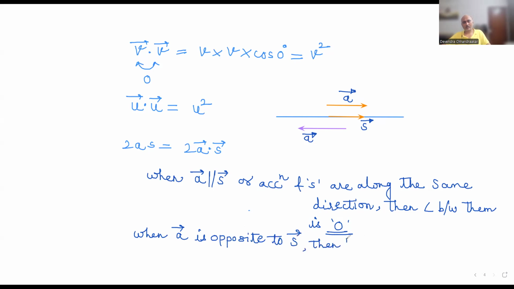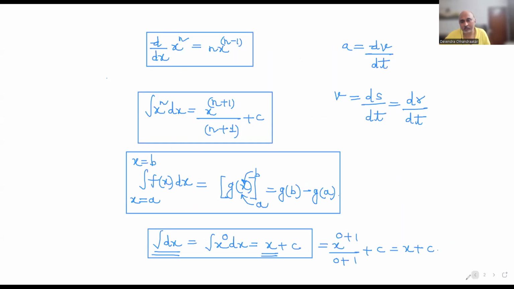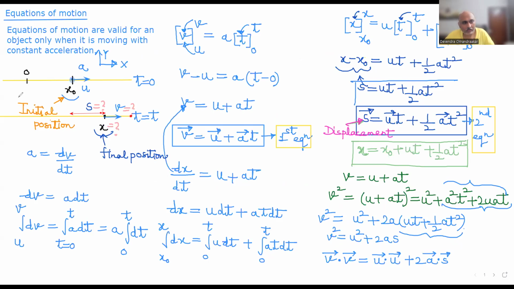Then the angle between them is, क्या होगा? 180 degrees, right? So always remember this, why we wrote 2a dot s. So this is the third equation of motion.